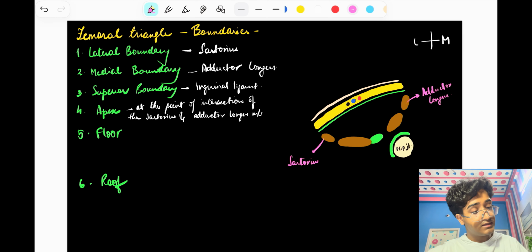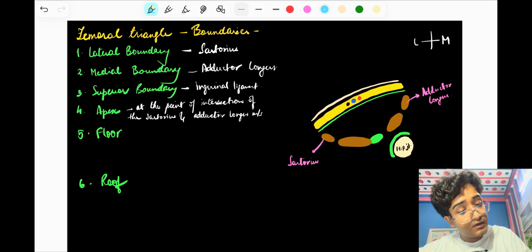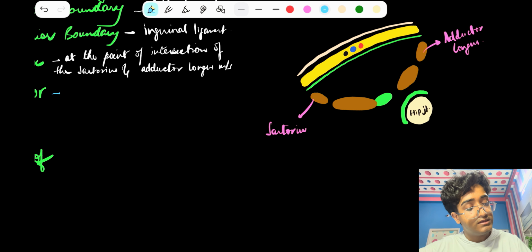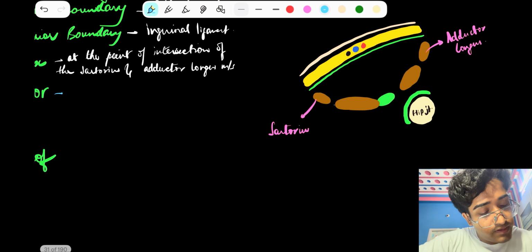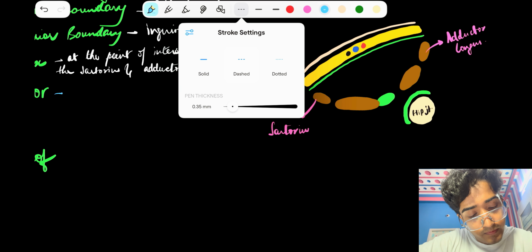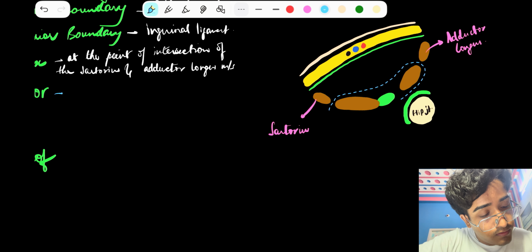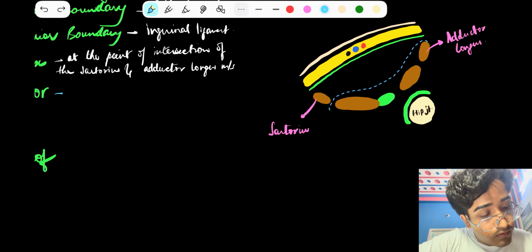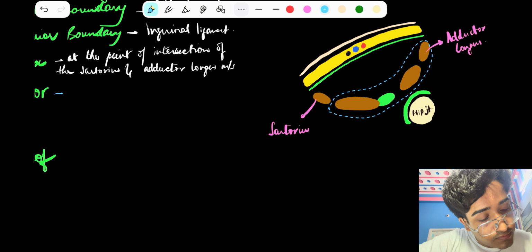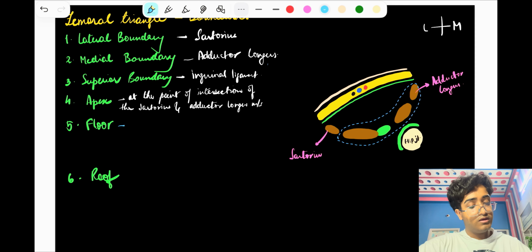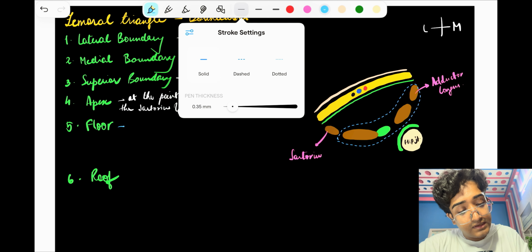So now let's come to the floor of the femoral triangle. The floor of the femoral triangle is formed by this group of muscles. So what does it include?